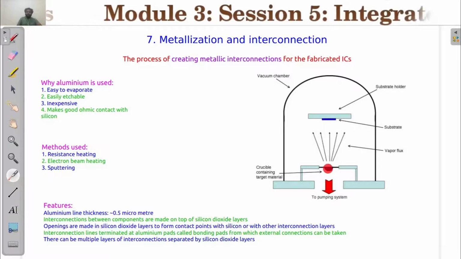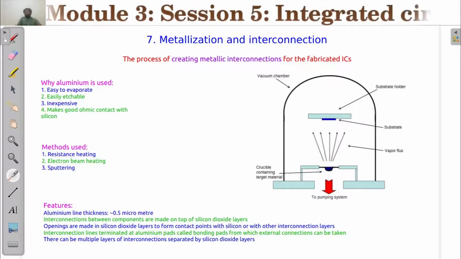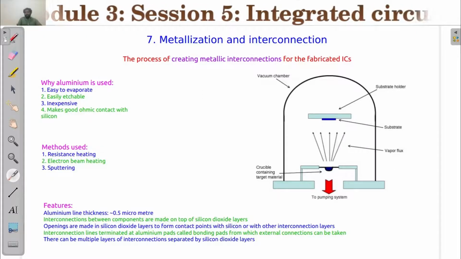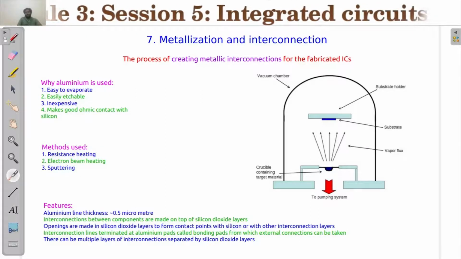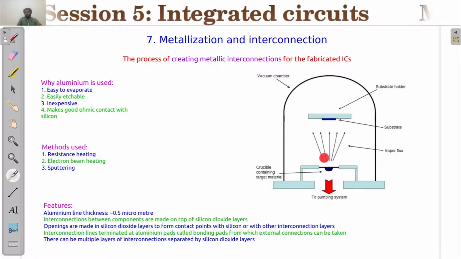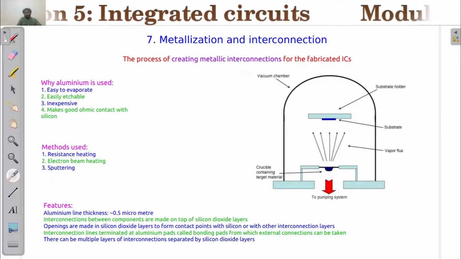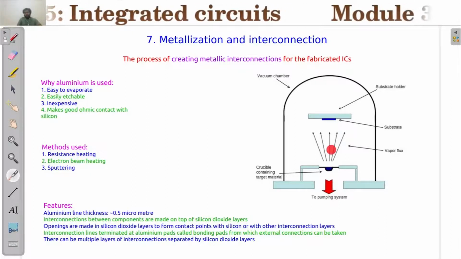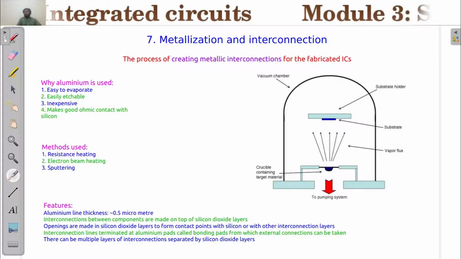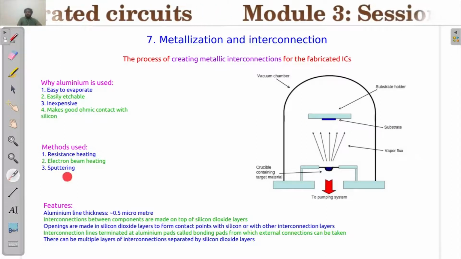So that aluminum will be knocked off, and the aluminum vapors will go and deposit over the substrate. The third one is RF sputtering. Sputtering is a technique where you use ions to bombard the aluminum and knock it off, making vapors out of the solid aluminum target, and that will reach the substrate and get coated. So that is the third method of coating or doing metallization.